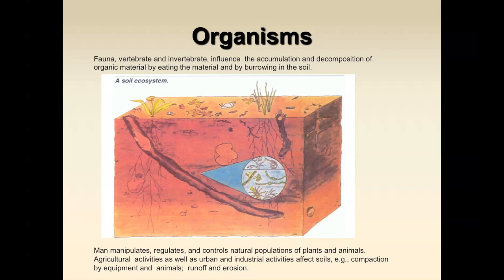Now, why are organisms important? We haven't talked about microorganisms, but we've got things like bacteria, fungi, protozoans, nematodes, and things called actinomycetes, and we talked about that a little bit. But the big take home right now for you, just to keep in the back of your head, is that there's up to about 2 tons per acre of soil microbes.